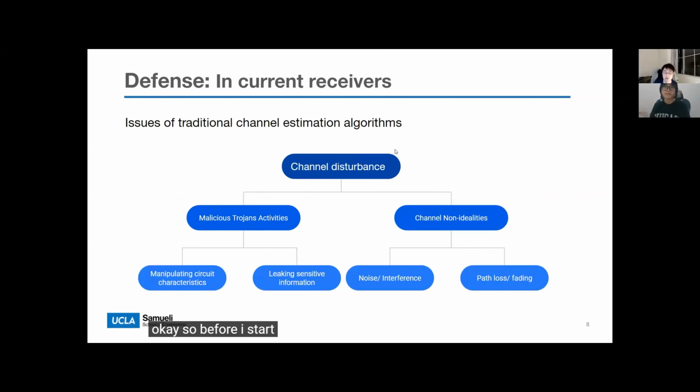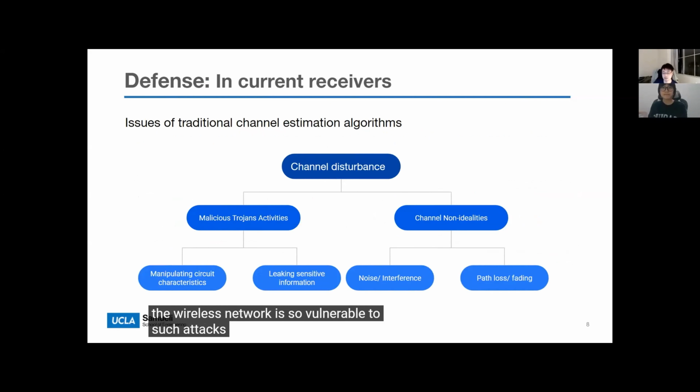Okay, so before I start to talk about the defense mechanism introduced by the authors of this paper, I want to point out again why the wireless network is so vulnerable to such attacks. Just like my partner stated before, there are certain inherent margins between the operating point and the circuit specs.